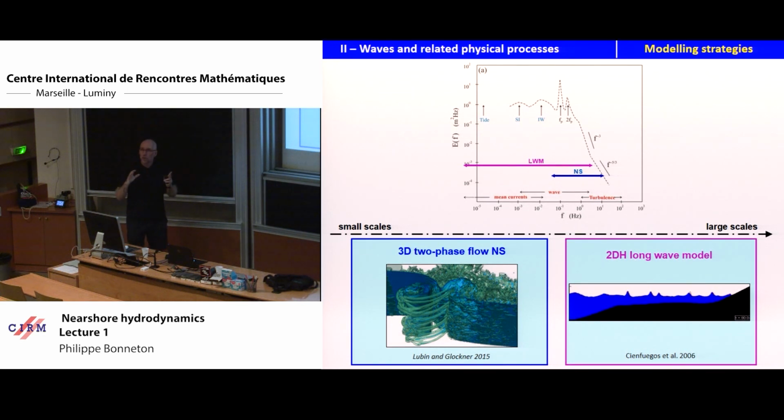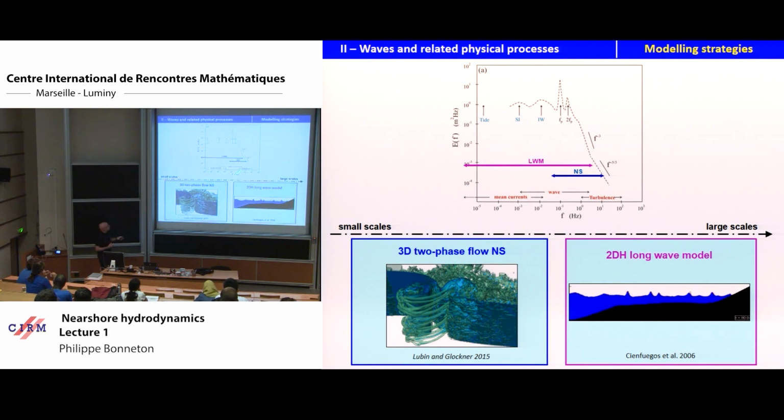So we have to reduce the complexity of the modeling approach from a 3D Navier-Stokes model to a 2D horizontal long wave approach. Such approaches are based on a ratio between water depth and wavelength which is very small, and it is the case for the nearshore zone.